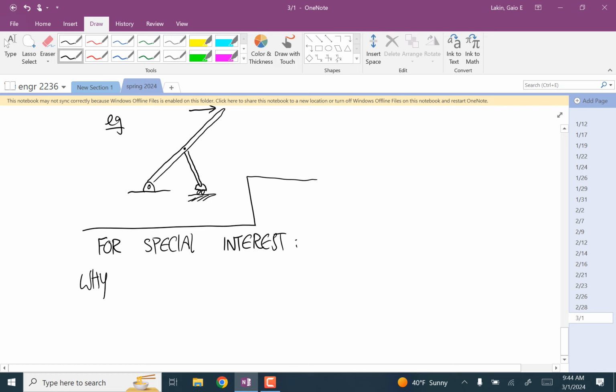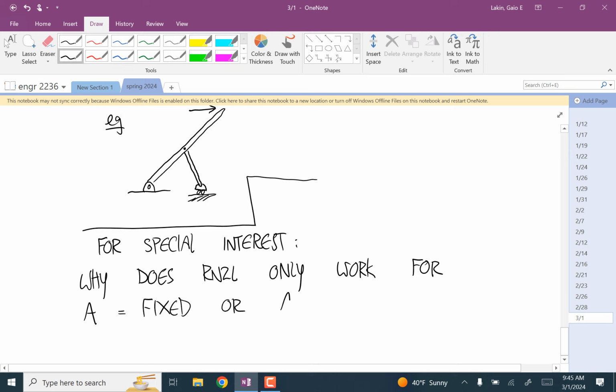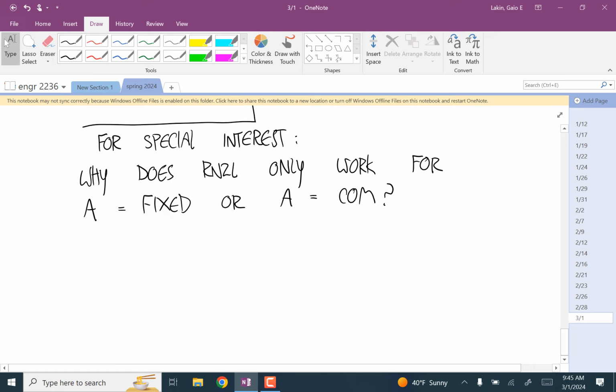Why in dynamics does the rotational equation only work for A equals fixed or A equals the center of mass? Well, the answer comes from where the rotational equation comes from in the first place.